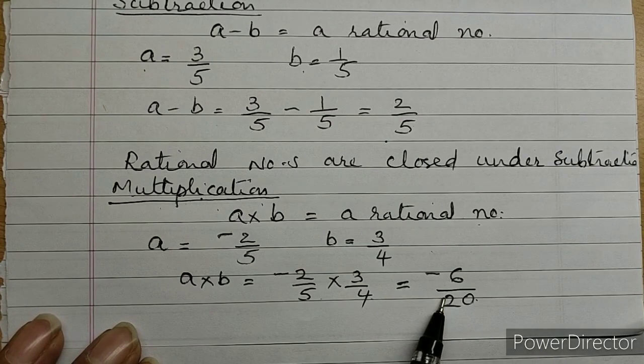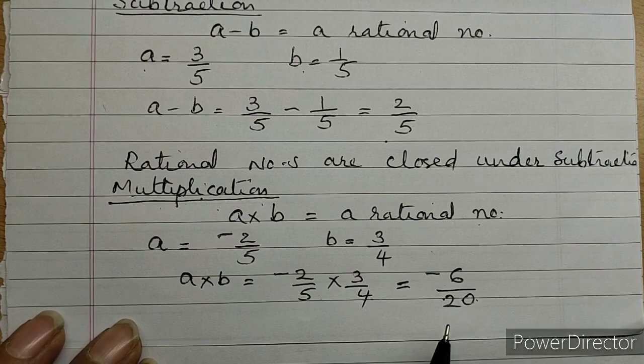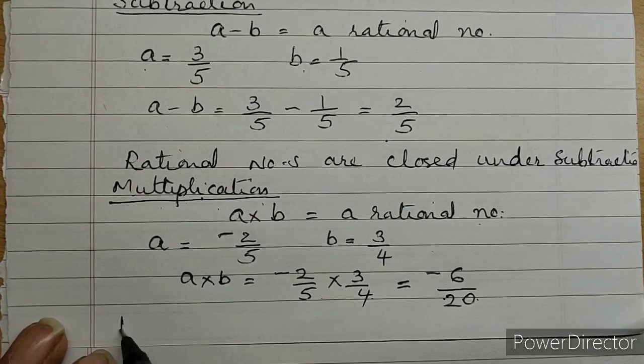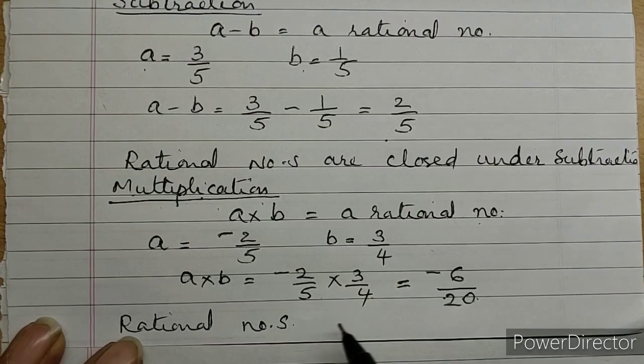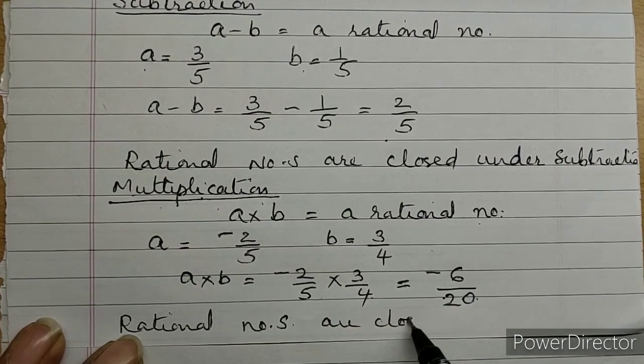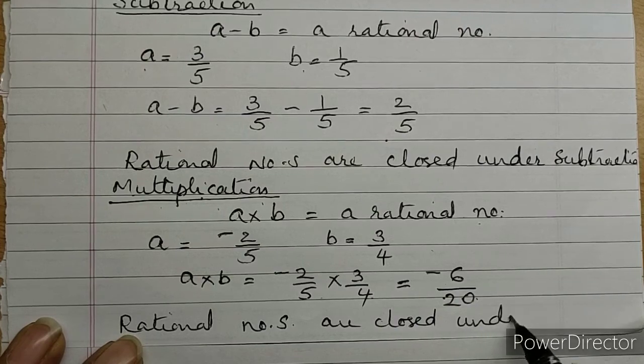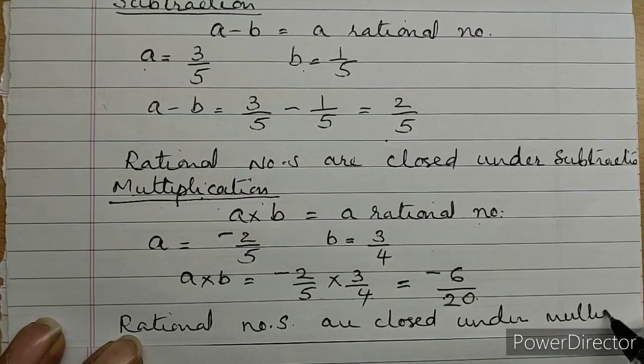Obviously, minus 6 by 20 also is a rational number. So that means rational numbers are closed under multiplication also.